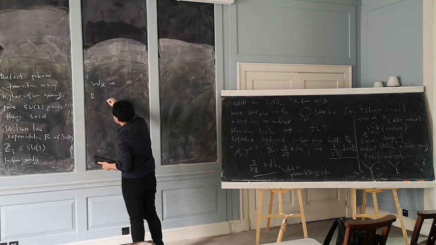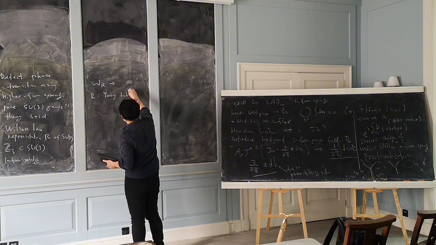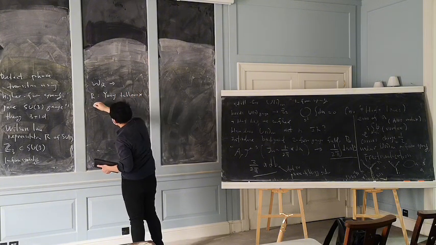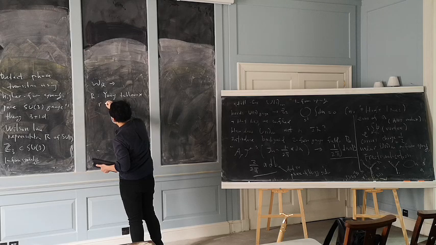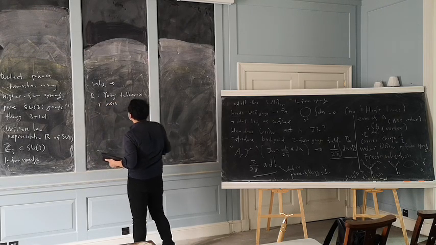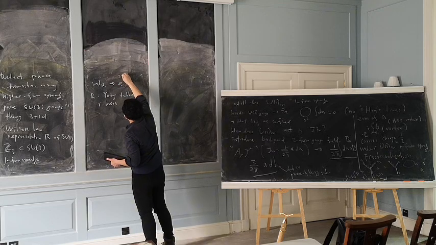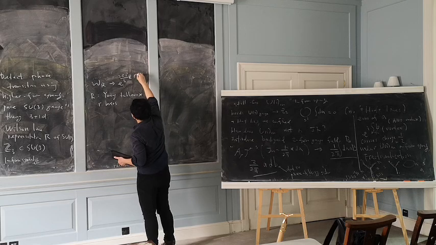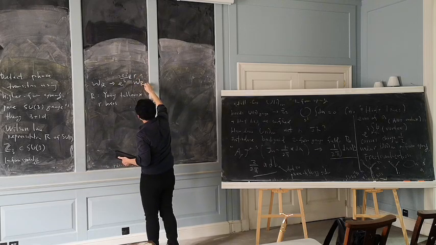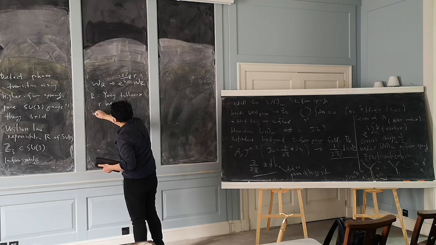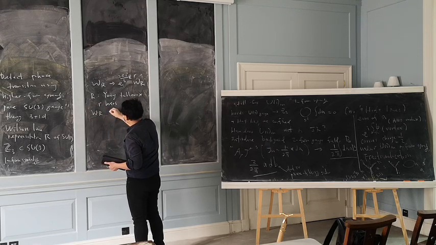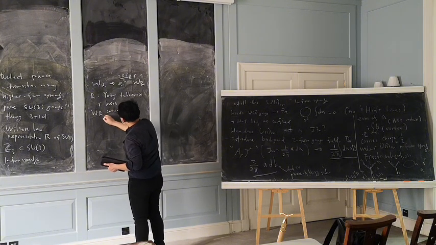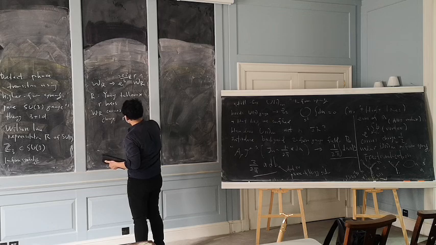So let's say you have a representation labeled by some Young tableau, and the Young tableau has a number of boxes, let's say R boxes. Then the Wilson line will transform by e to the 2 pi i over 3 times the transformation parameter times the number of boxes. So in other words, the Wilson line in representation R carries one-form charge R mod 3.